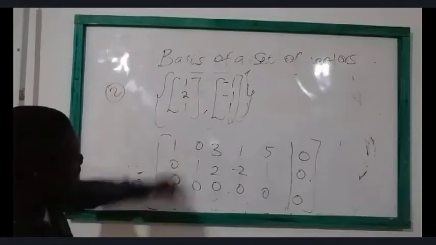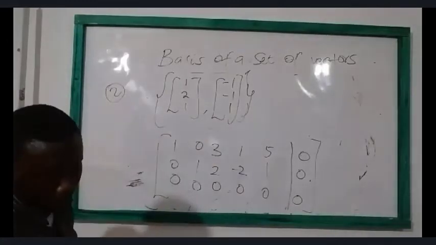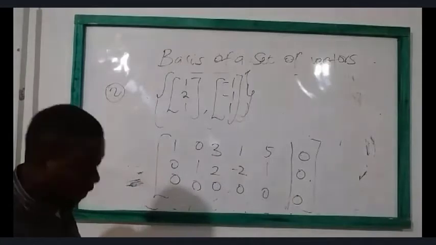You trace them, and it's only the first two that will form the basis for all the set of vectors that was given.